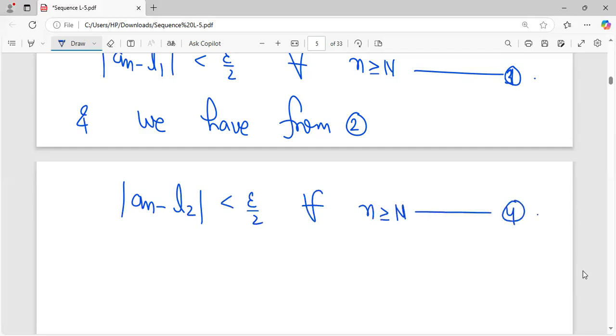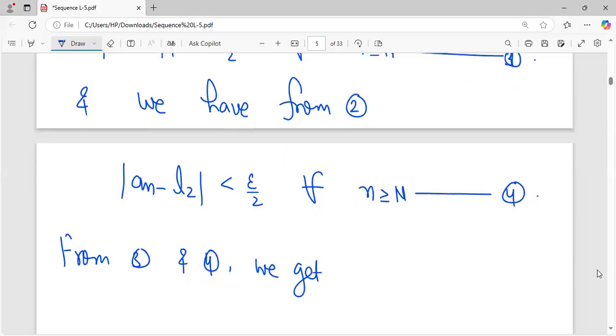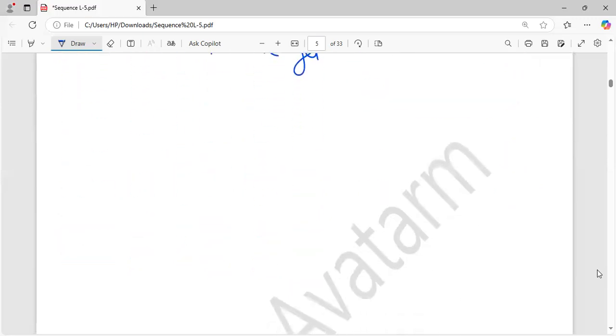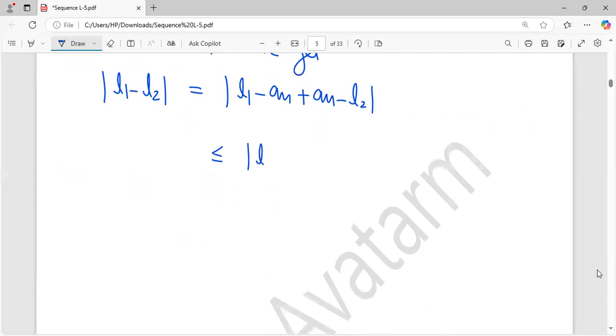So now from 3 and 4 we get, taking L1 minus L2, I can add an and subtract an and use the triangle inequality.